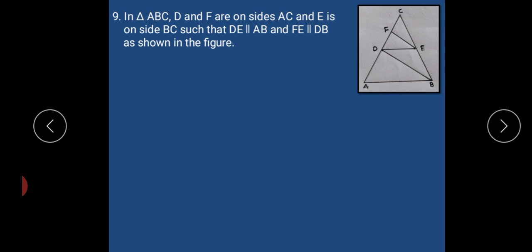In triangle ABC, D and F are 2 points on side AC, and E is a point on side BC. Such that again here parallel is there. DE is parallel to AB. So this will take triangle ABC, and FE is parallel to DB.